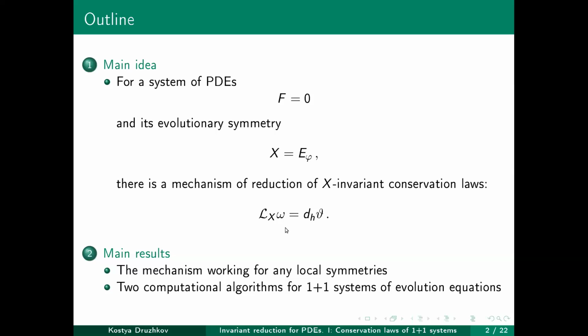If we have a representative of an invariant conservation law, then the Lie derivative with respect to X of this representative must be a representative of the trivial conservation law. That is, on the right-hand side we must have something horizontally exact, but on the manifold describing the corresponding invariant solutions, the evolutionary symmetry vanishes.